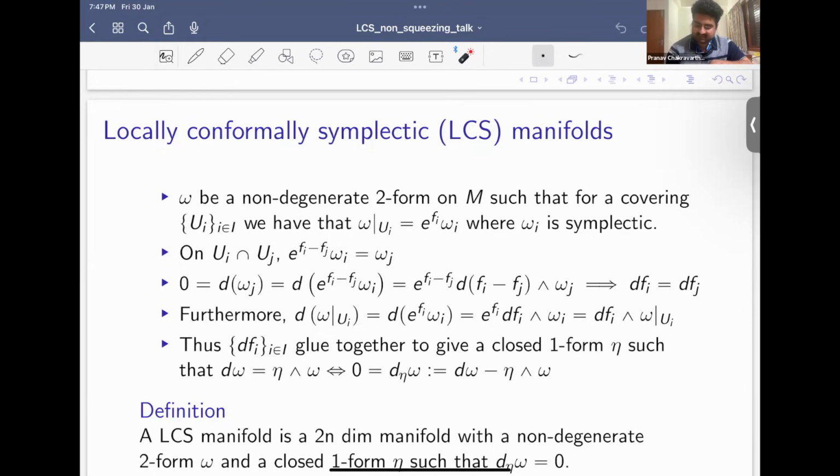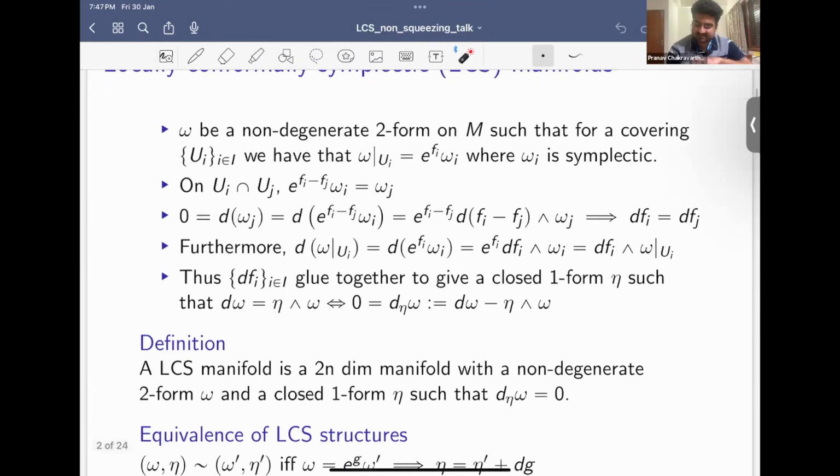So basically, these 2 conditions tell you that these d phi_i's patch together to give a closed 1 form on my manifold, such that the differential of omega is some closed 1 form wedge omega. So in particular, these are manifolds for which d omega is not equal to 0, but instead is eta wedge omega.